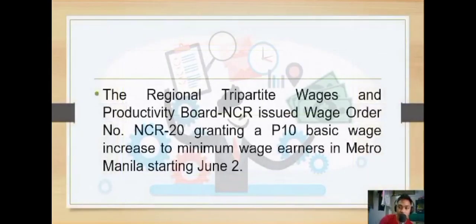So the Regional Tripartite Wages and Productivity Board of the National Capital Region issued Wage Order Number NCR 20, granting a 10 pesos basic wage increase to minimum wage earners in Metro Manila starting June 2. So the RTWPB of NCR issued a wage order granting an increase of 10 pesos in basic wage to the previous minimum wage earners in Metro Manila, effective starting on June 2.